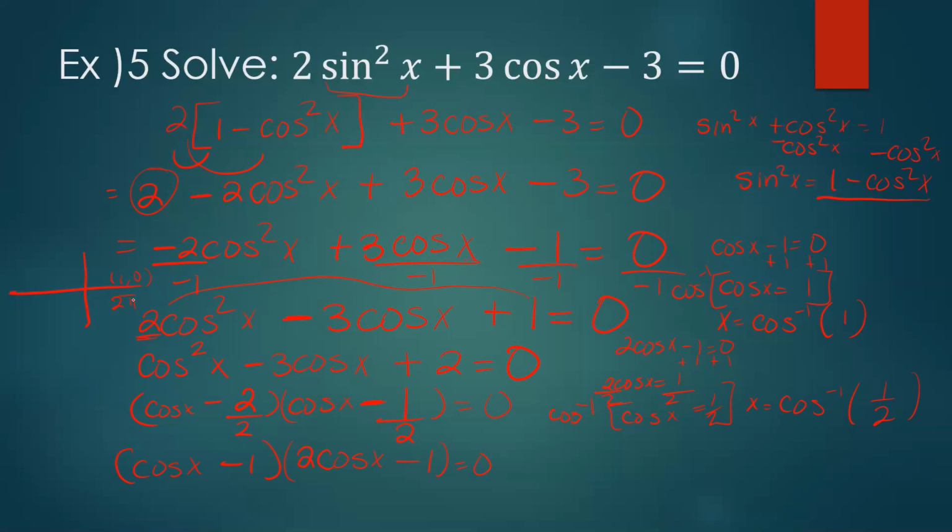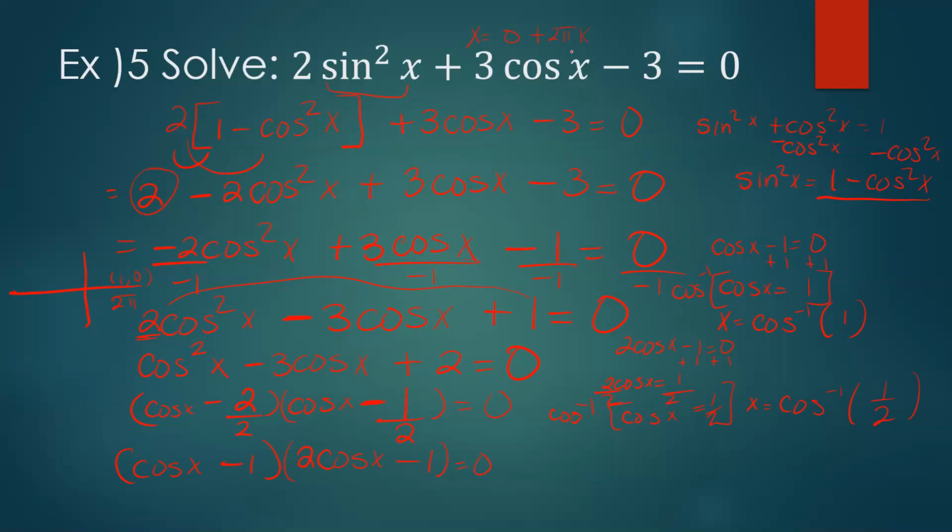So where am I going to put the solution? Let me put it right here on the top because I don't have much space. So x equals 2 pi is the same thing as 0, so you could say 0 plus 2 pi k.